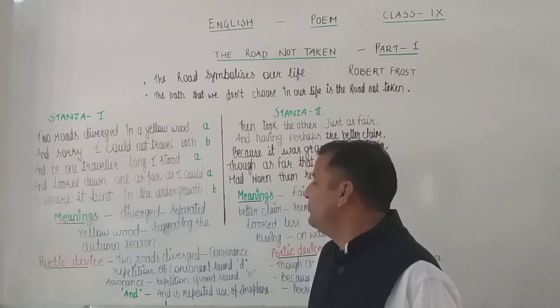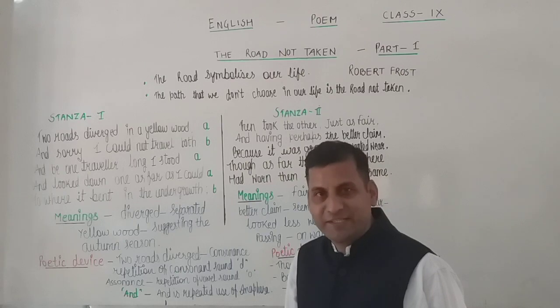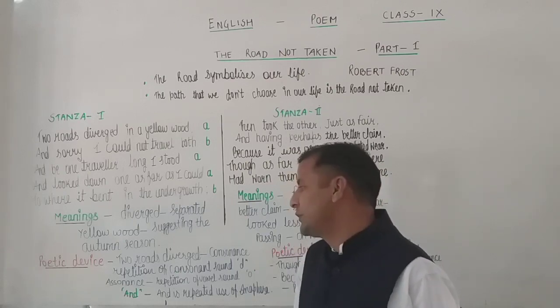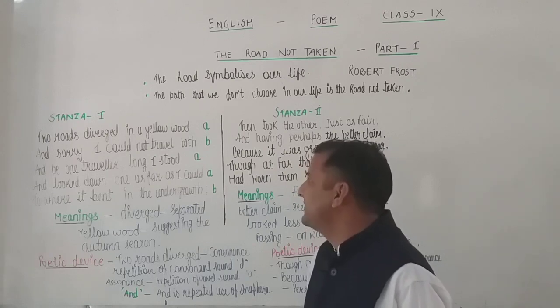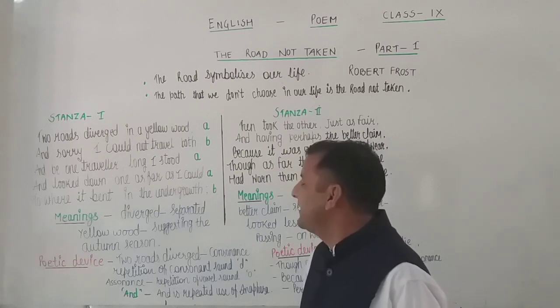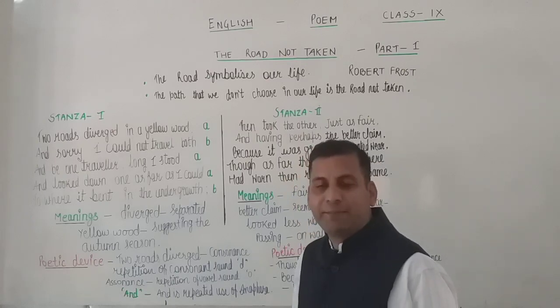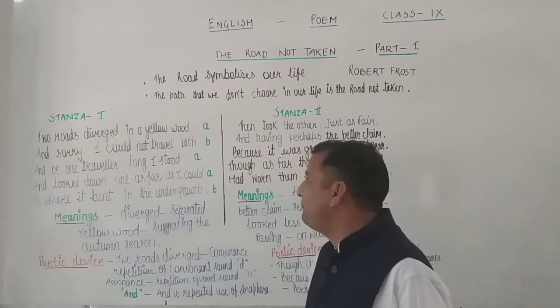Students, there is one more poetic device used here in the same line, that is assonance. Assonance here means repetition of the vowel sounds, students. And when we look at the second line, and in the third line, and in the fourth line, 'and' is repeated. So the repeated words are the use of anaphora.